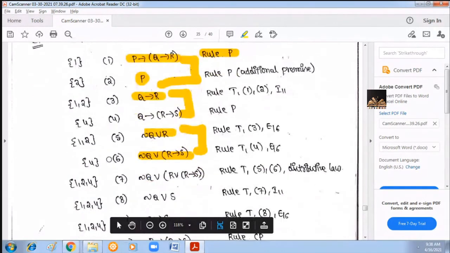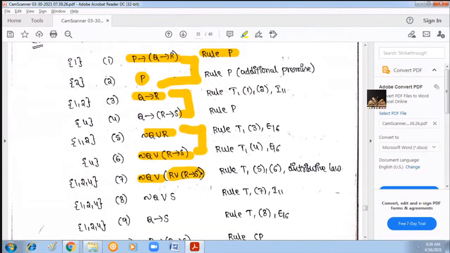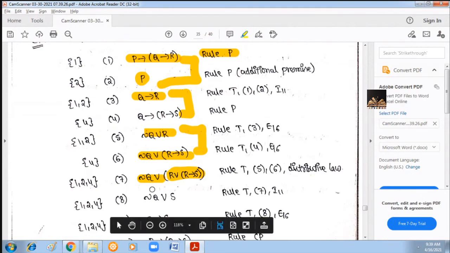And then you will get negation Q union, which is common in both the terms, R union R tends to S. Now what is this R tends to S? You can write this R tends to S as negation R union S. So that negation R and R will get cancelled. Leftover will be S. So you will get negation Q union S from this term.